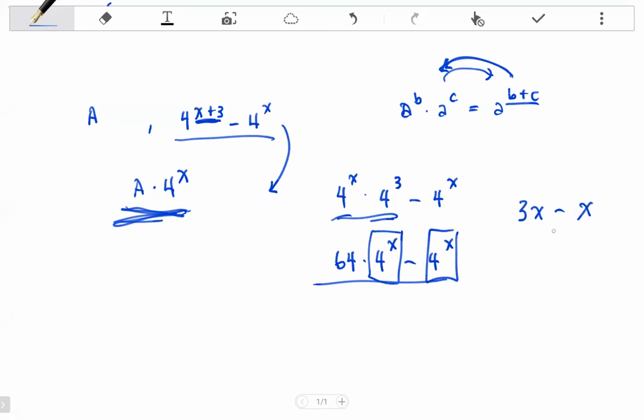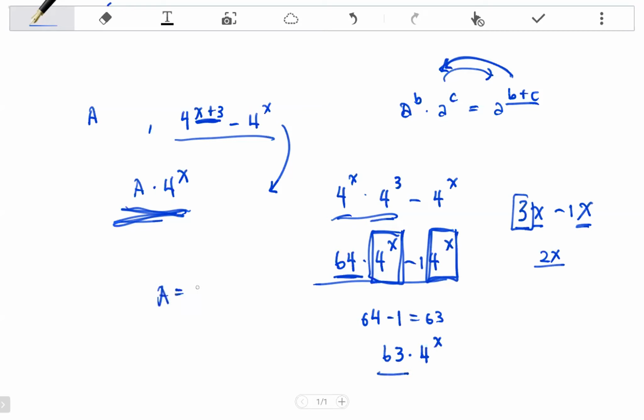What do we do? Well, there's 3 of x's here and just -1 of x here. And since there's 3 here and -1 here, we say 3 minus 1, right? Isn't this the same thing here? There's 64 of this and -1 of this. So 64 minus 1 is going to be 63. So we can write this as 63 times 4 to the x. And we see that 63 is the same thing as a then.